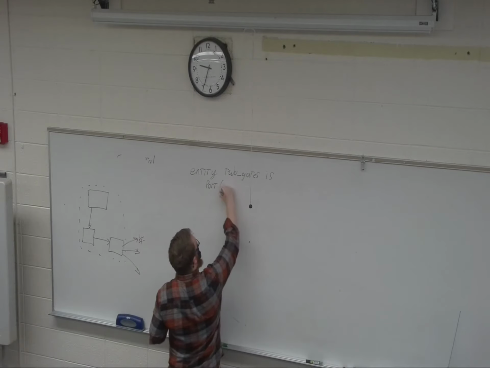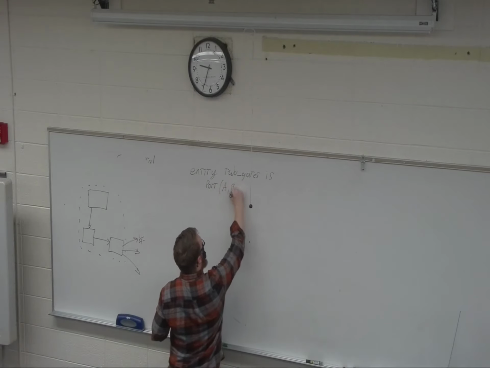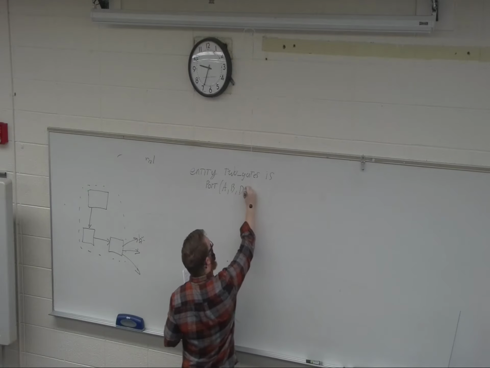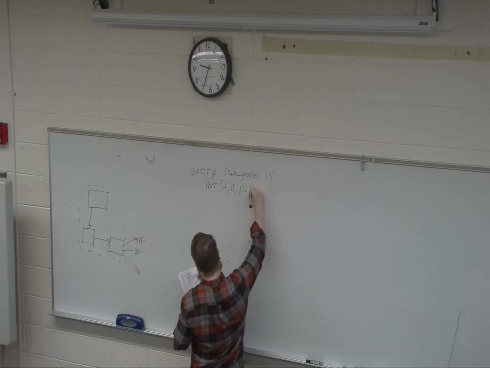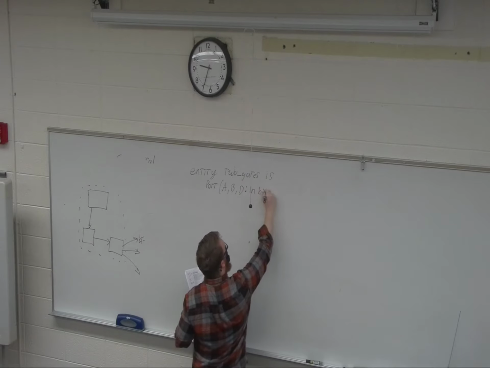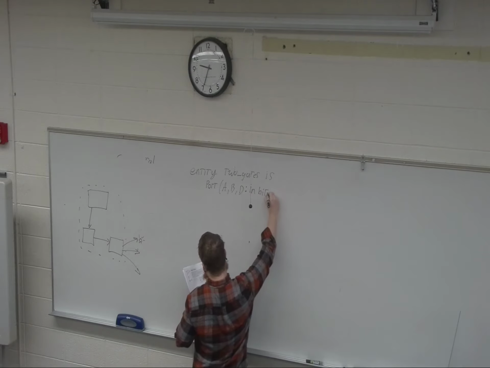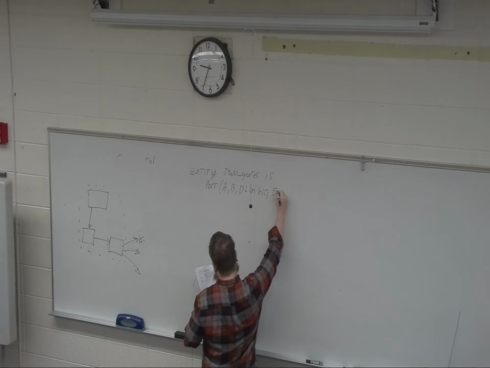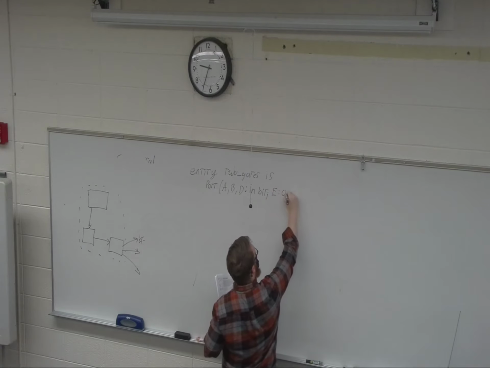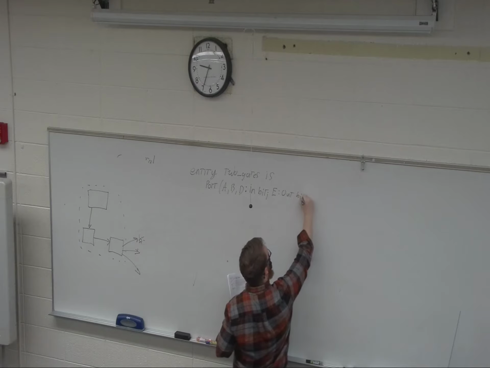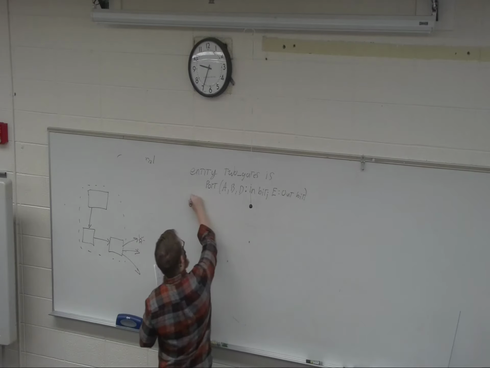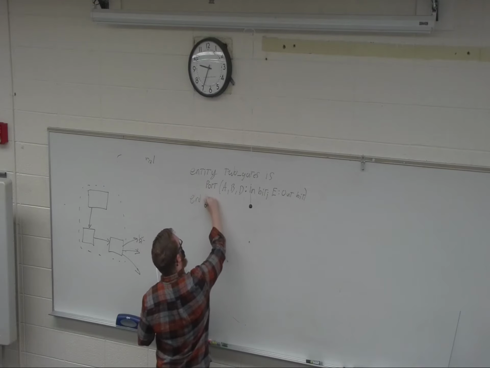And then we're going to say it has ports A, B, D, and these are in bits. And we're going to have an E that is an out bit. And then we can end the entity.